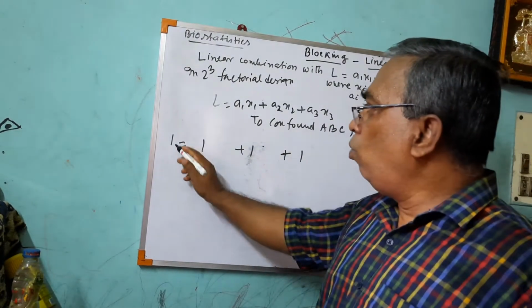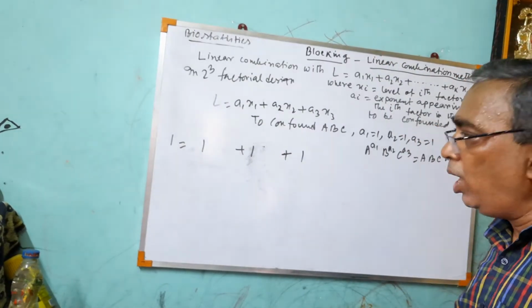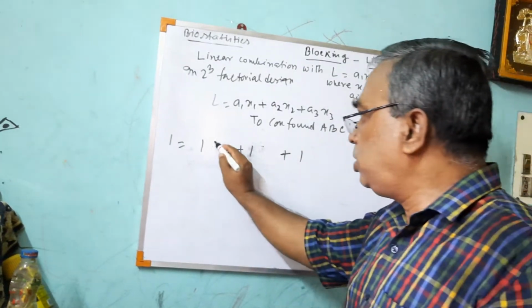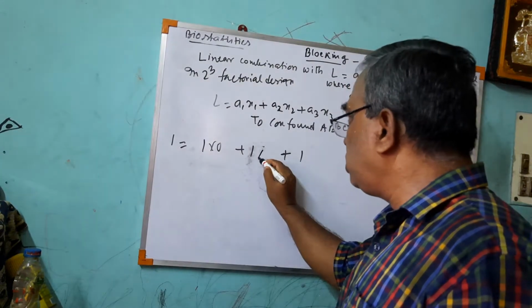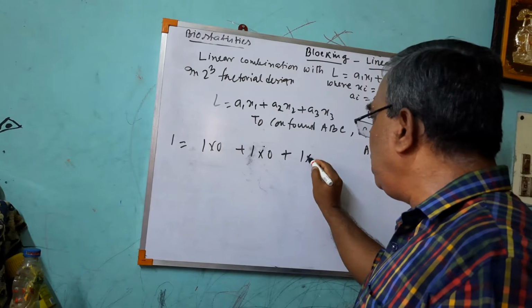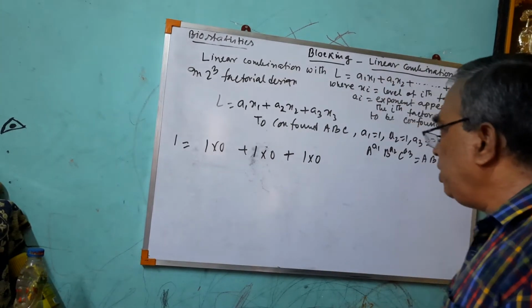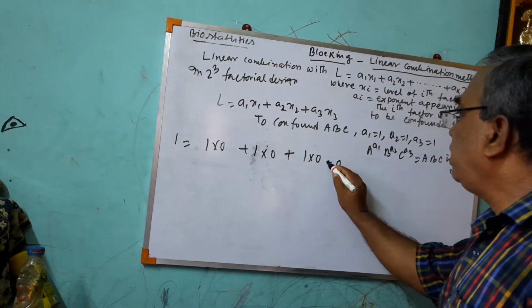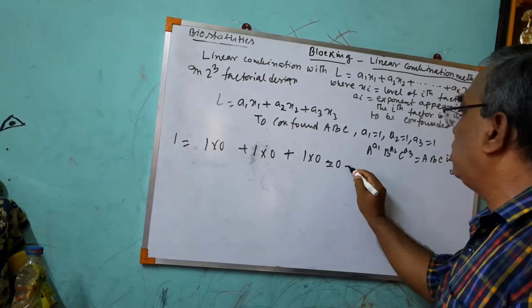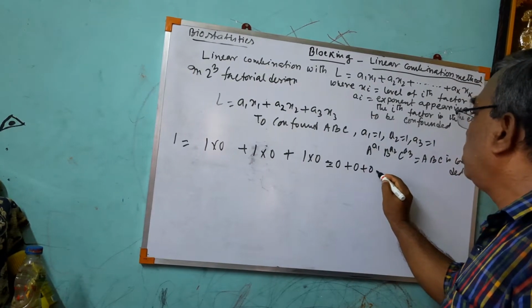For 1, all factors are at lower level, that means x1 is 0, x2 is 0, x3 is 0, so the sum comes 0 plus 0, which is 0.